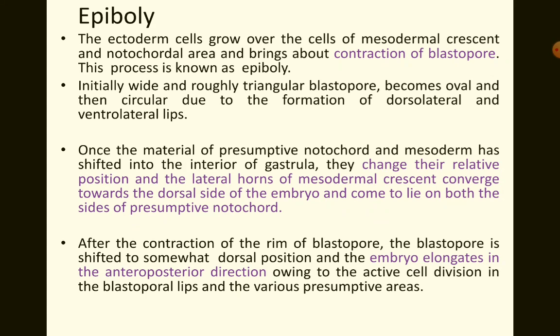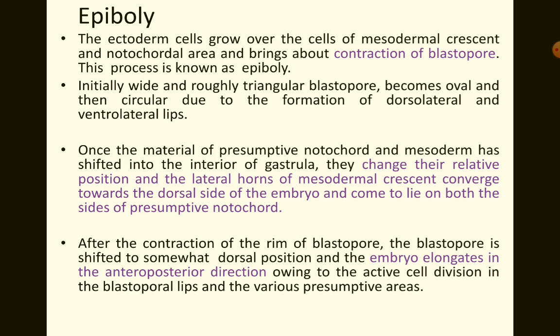Now once the presumptive notochord and the mesoderm forming areas have shifted to the interior of the gastrula, they change their relative position, and the lateral horns of this mesodermal crescent converge towards the dorsal side of the embryo, so that they come and lie on both sides of this presumptive notochord.